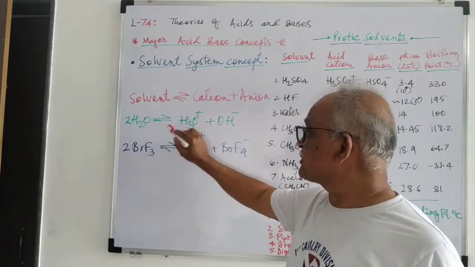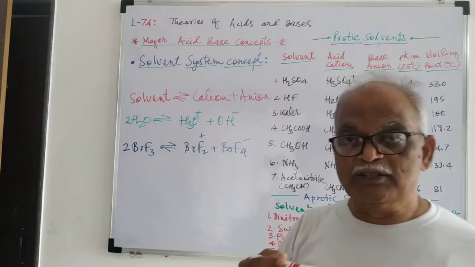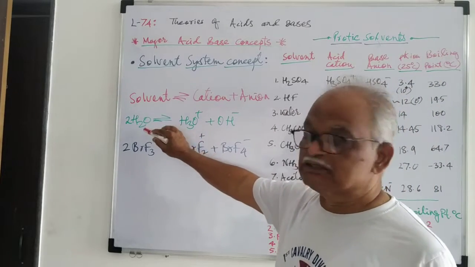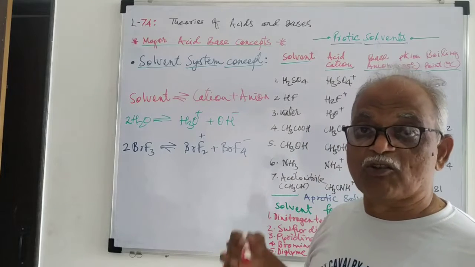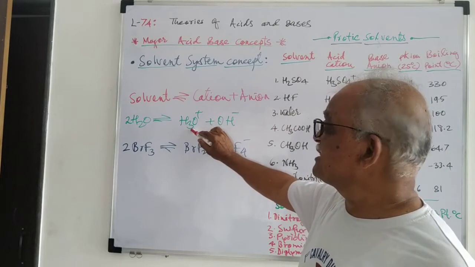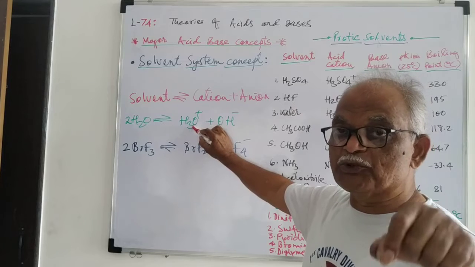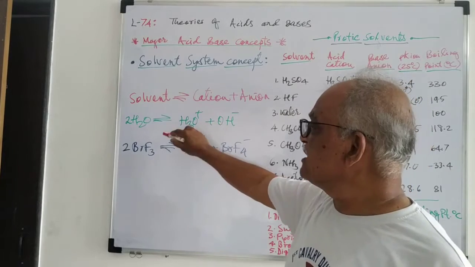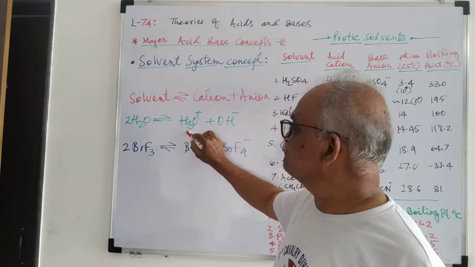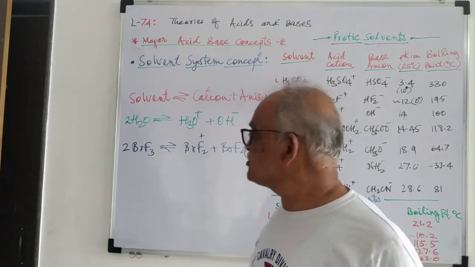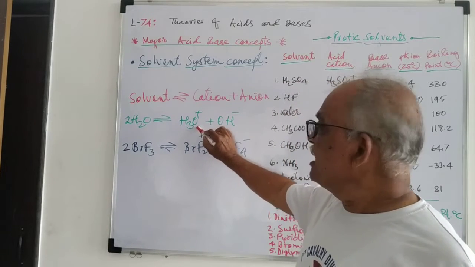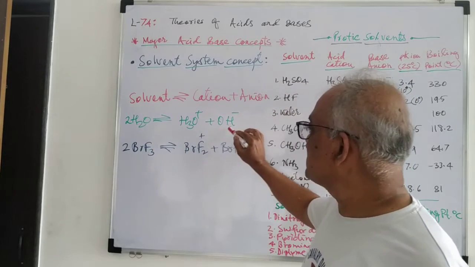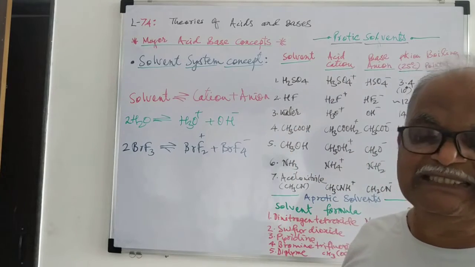The solvent itself produces H3O plus and OH minus, but in addition to that, if the dissolved solute causes an increase in the concentration of H3O plus, it is an acid. So an acid is a solute which, when dissolved in water, increases the concentration of cation, and if a substance produces OH minus in greater number, then it is called a base.